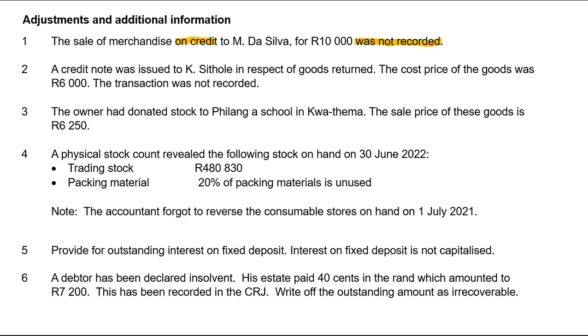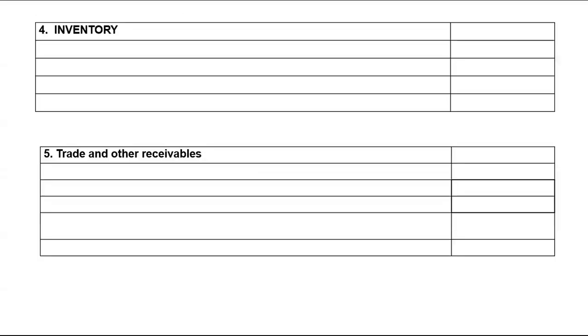We still credit sales, meaning that our sales are going up. So we need to add the 10,000 to sales. So we debit debtors control, we credit sales by that 10,000. I will focus on those 2. When we debit debtors control, it means that people that owe us will owe us more. So we will record that in trade and other receivables and increase our trade debtors.